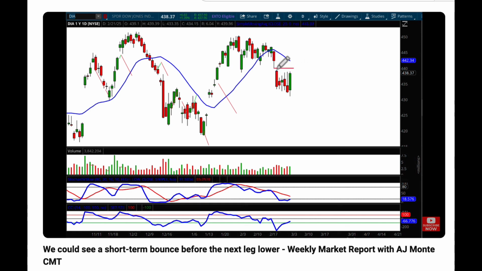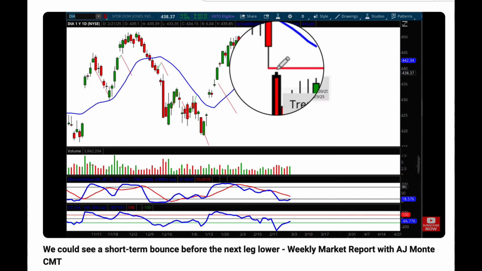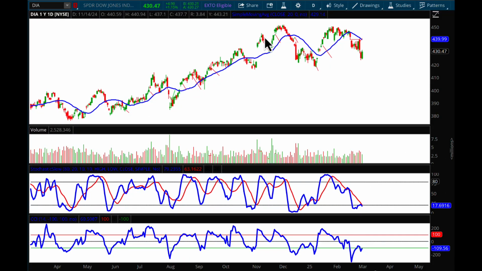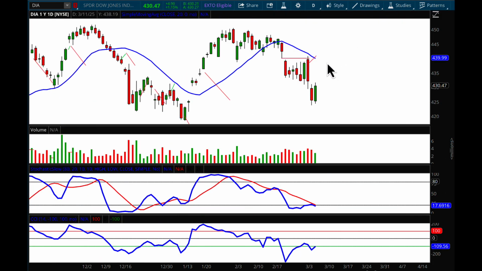So I do believe that this gap is going to fill right there at 439.97, and then I think we could go a little bit higher than that, which will bring us to that moving average because the moving average is still moving lower. So my upside target for DIA for next week is not a big move, but it's 440.82.